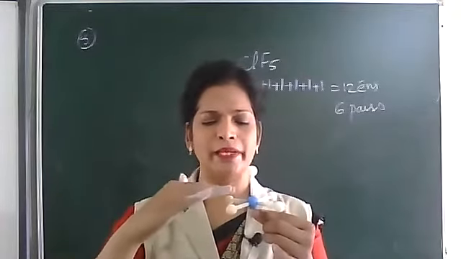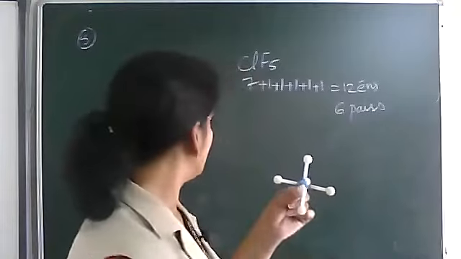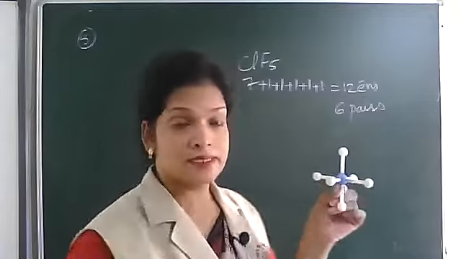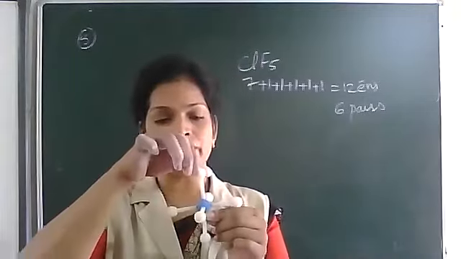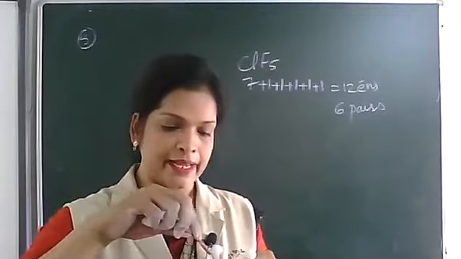Here on this plane 4, 1 up, 1 down. This is octahedral. But here one pair is a lone pair only, so I am removing this and I am fitting this.